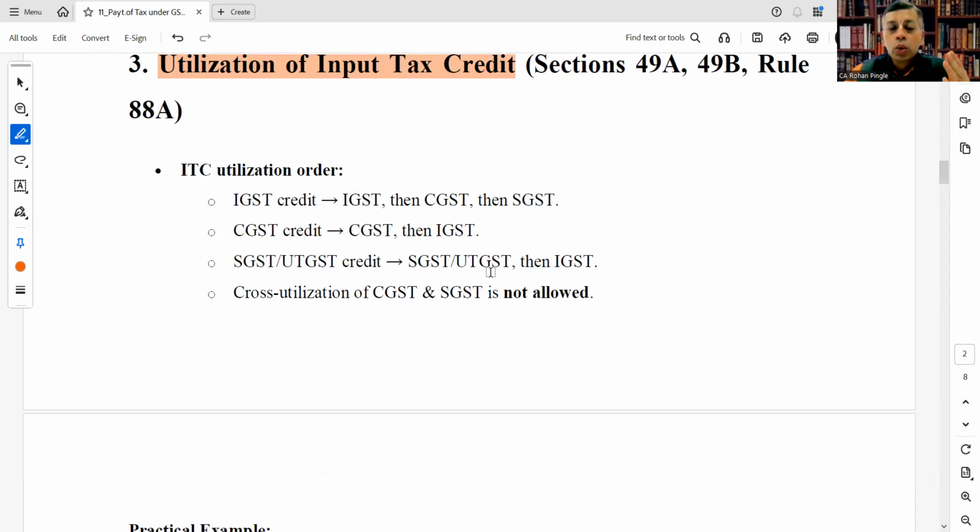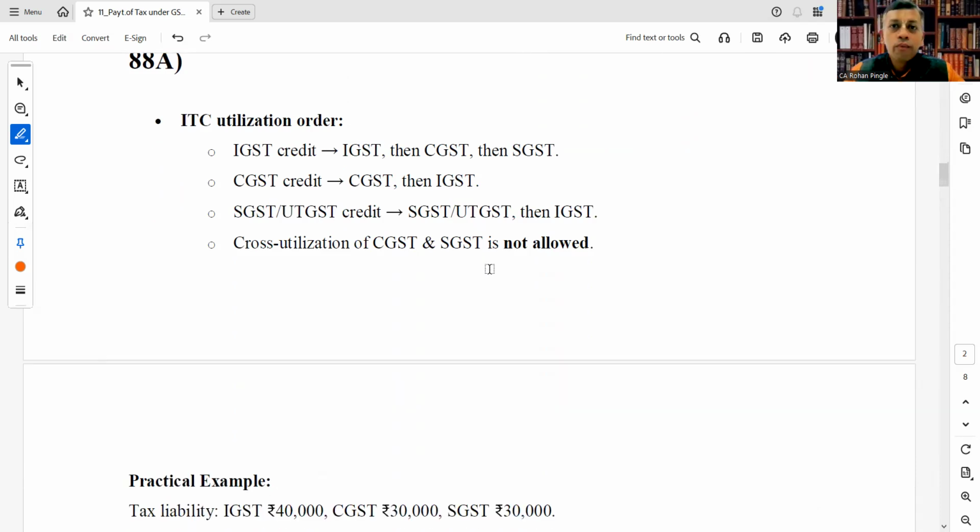Let's see the ITC utilization order. Very much important. You can use your ITC in the following order: first IGST credit, then CGST credit, and then SGST and UTGST credit. So IGST is used first, then CGST and SGST. If you don't have IGST credit, then CGST credit is used first and then IGST; for SGST and UTGST, first SGST or UTGST, and then IGST.